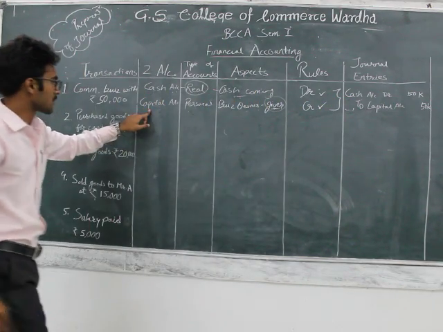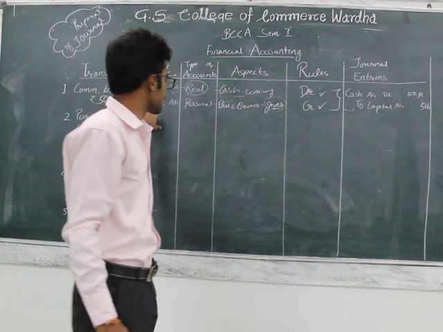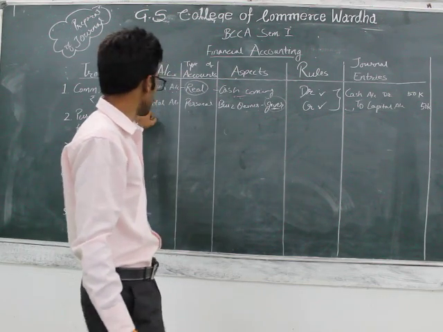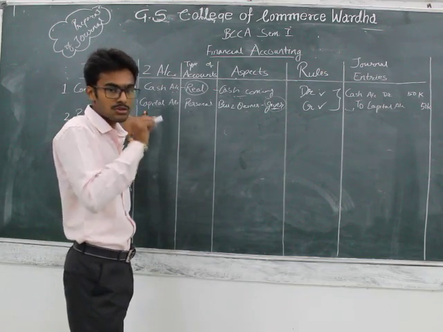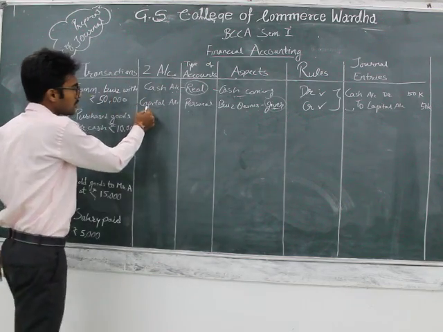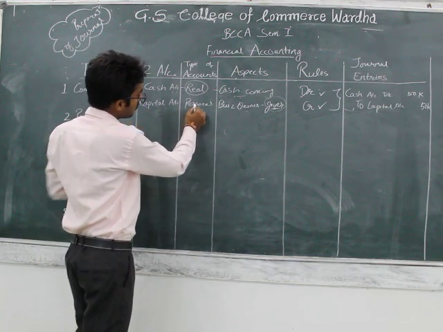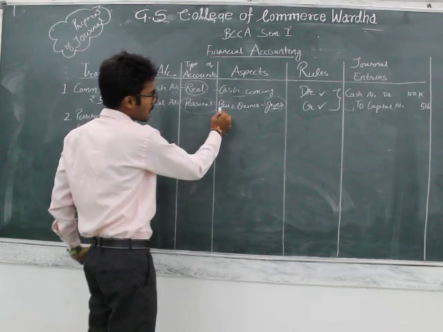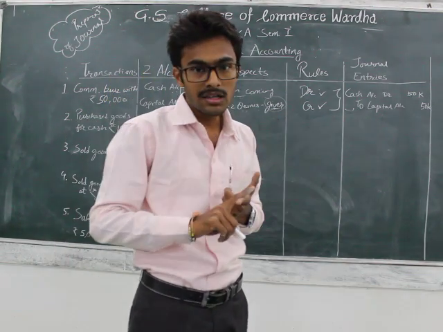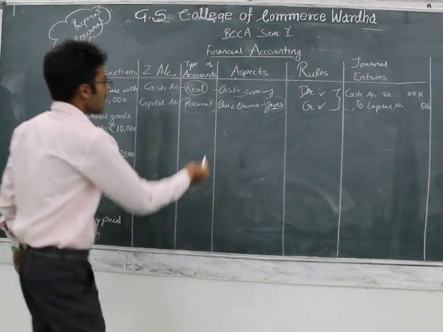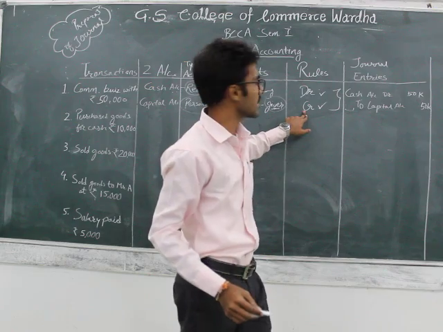The other aspect: the business owner was the giver. Giver means personal account. Here we have not used the business owner's name; instead we have used the capital account, which comes under the personal account type. The personal account's golden rule says debit the receiver, credit the giver. The business owner was the giver here, that's why it has been credited.